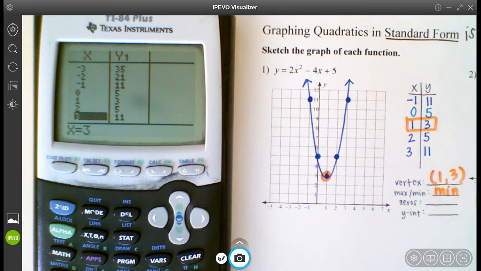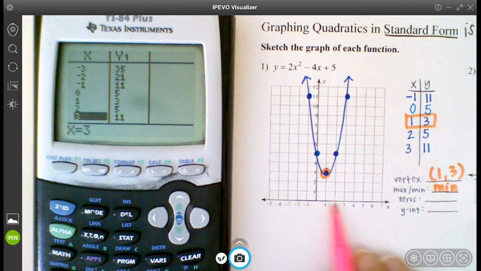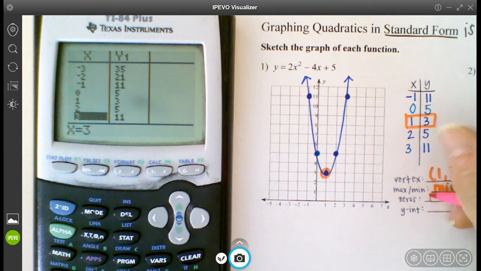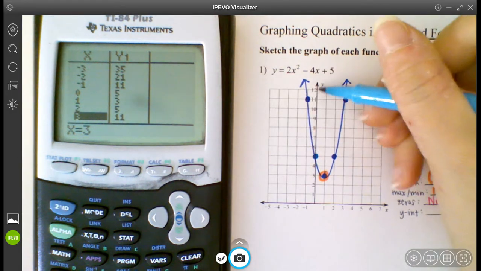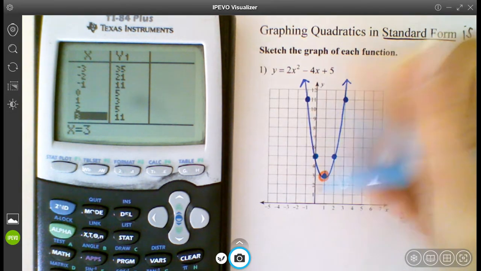All right, now the zeros are where you touch the x-axis. So as I look, is this U ever going to touch this x-axis? Nope. So we're going to put none. I can't have any. But the y-intercept is where do I cross the y-axis on my U?